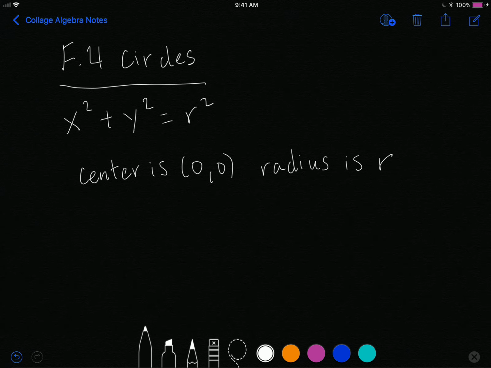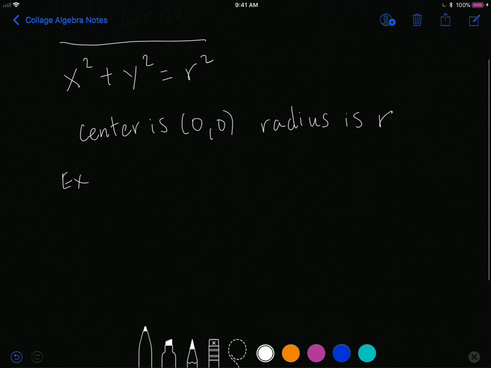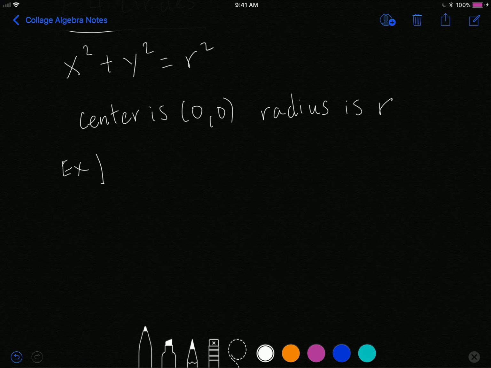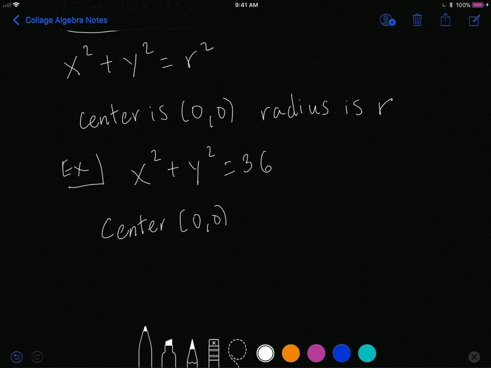So, for example, if I have an equation x squared plus y squared equals 36, then the center of the circle will be at the origin, and the radius will be the square root of 36. We take the principal root here. The radius cannot be negative, and so therefore the radius is 6.